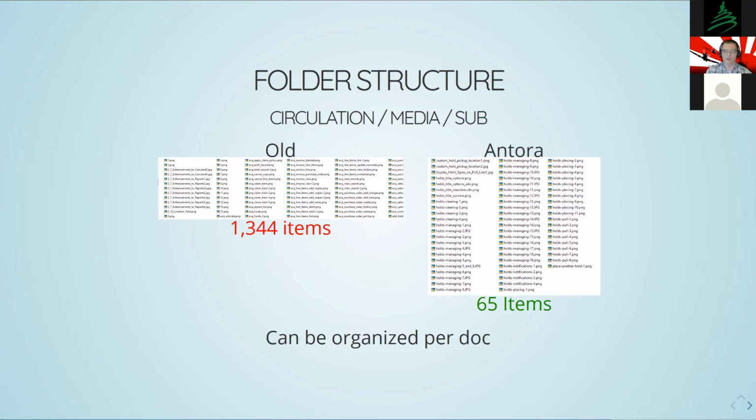But you could, if 65 items was still too many, and I feel like it is. In my opinion, each piece of documentation needs its own folder for its images. That way, you could have a folder that mirrors the exact same title of the document that contains just the images for that document.